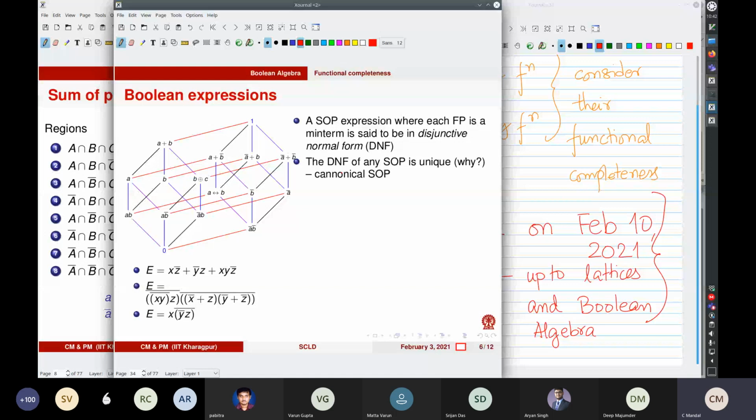So this term canonical is associated with uniqueness.